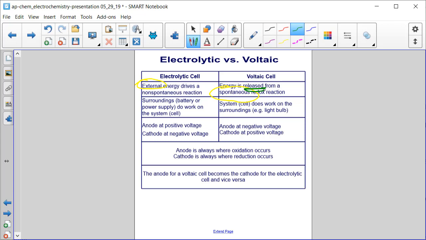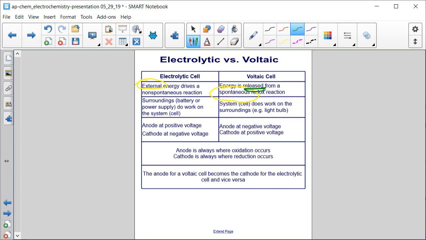An electrolytic cell is the opposite, where that external energy source, be it a battery or a power supply, does work on the system. So it's doing work to drive that non-spontaneous reaction.